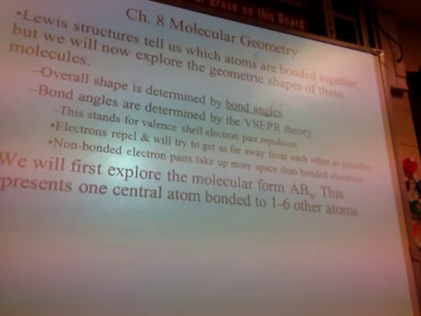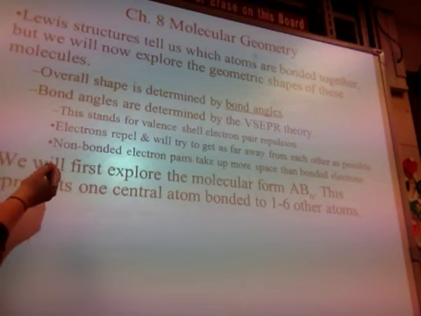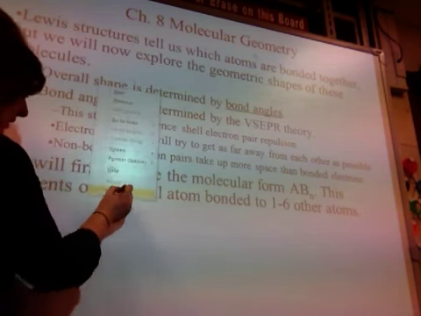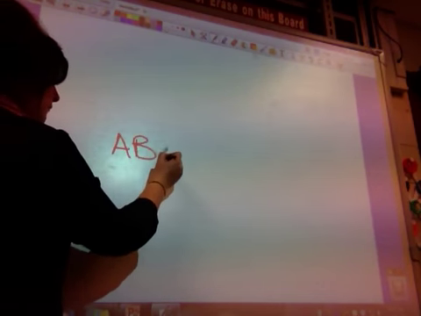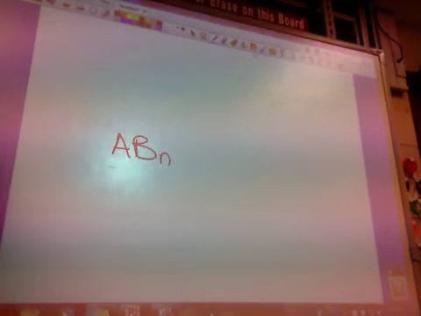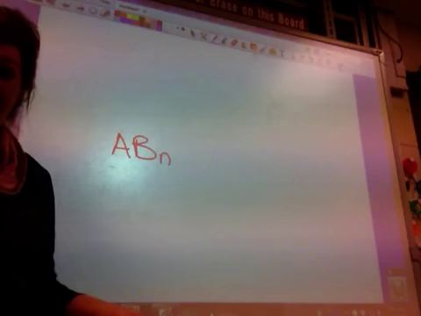It says we will first explore the molecular form ABN. All that means is, and actually let me give you some examples using our board here. A molecular form ABN is just a real generic form for a molecular compound.